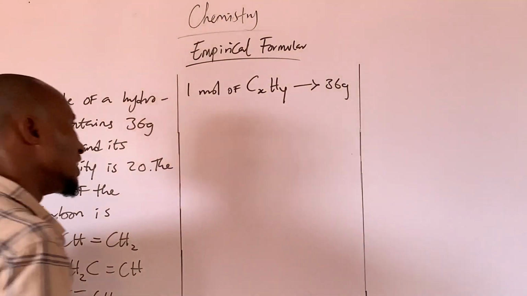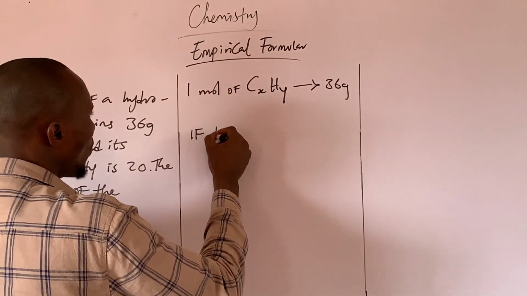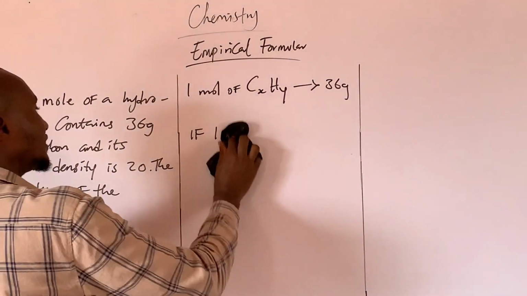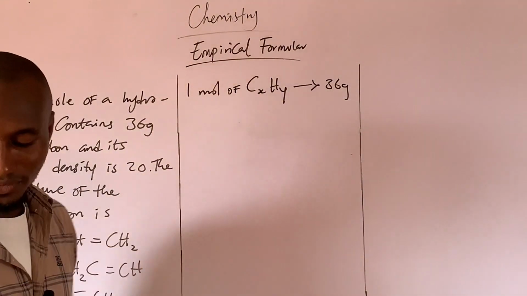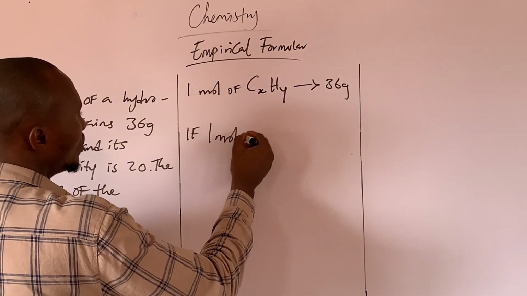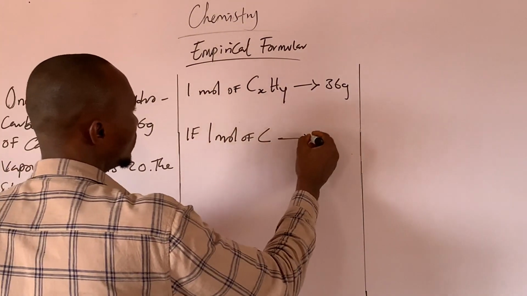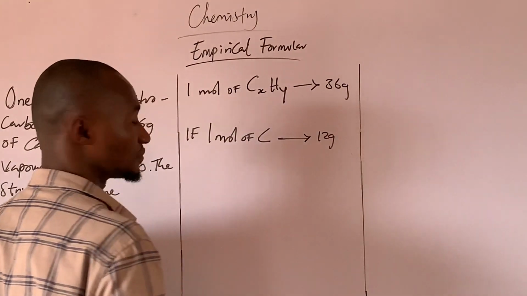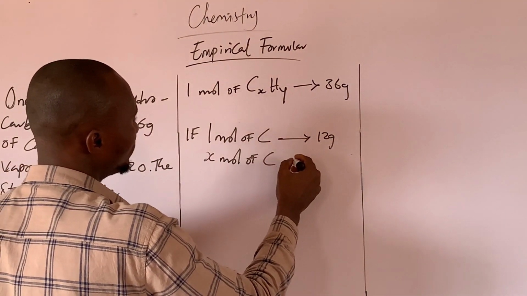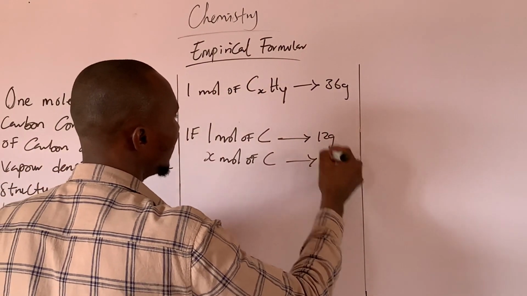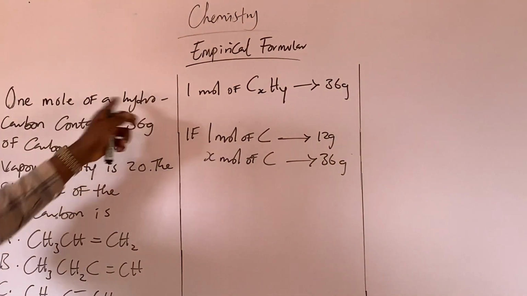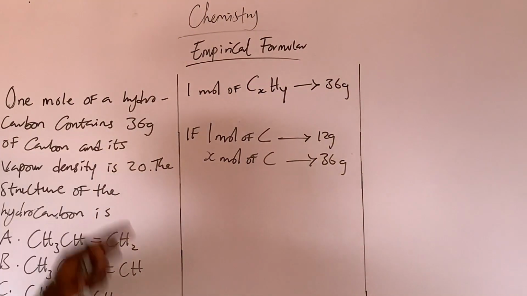So we say if one mole of carbon is 12 grams, how many moles of carbon will give us 36 grams? Because they said one mole of hydrocarbon contains 36 grams of carbon.